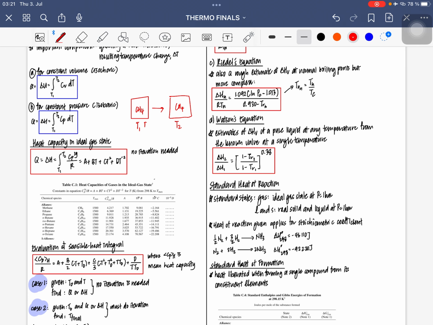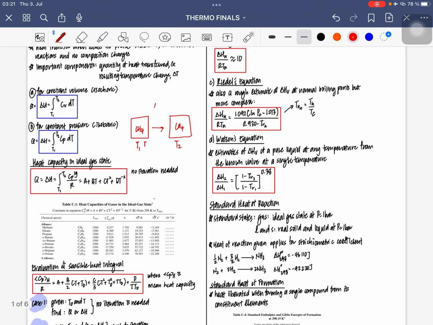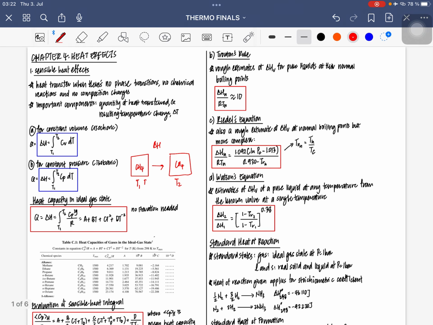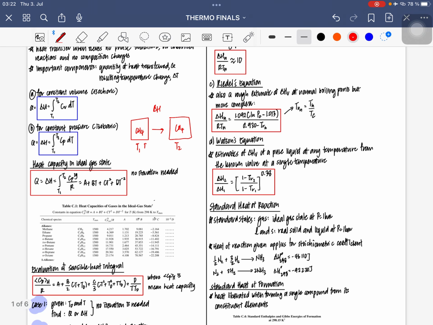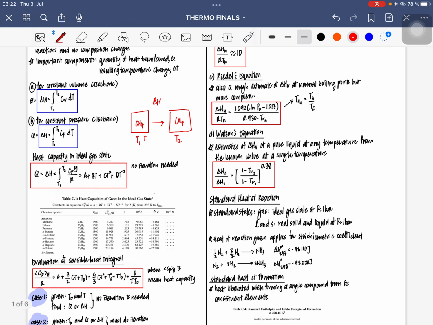So when we want to calculate the total heat and total enthalpy change when CH4 is heated up, we are going to assume it as ideal. Why don't we assume it as real gas? There will be another chapter coming forward where we incorporate real gases calculation, but for now we are just going to assume it as ideal gases to make our job easier.